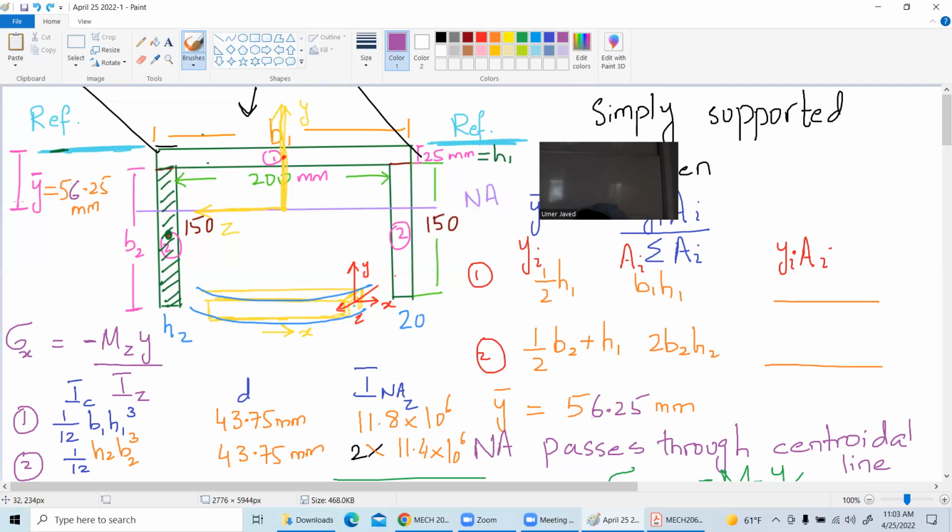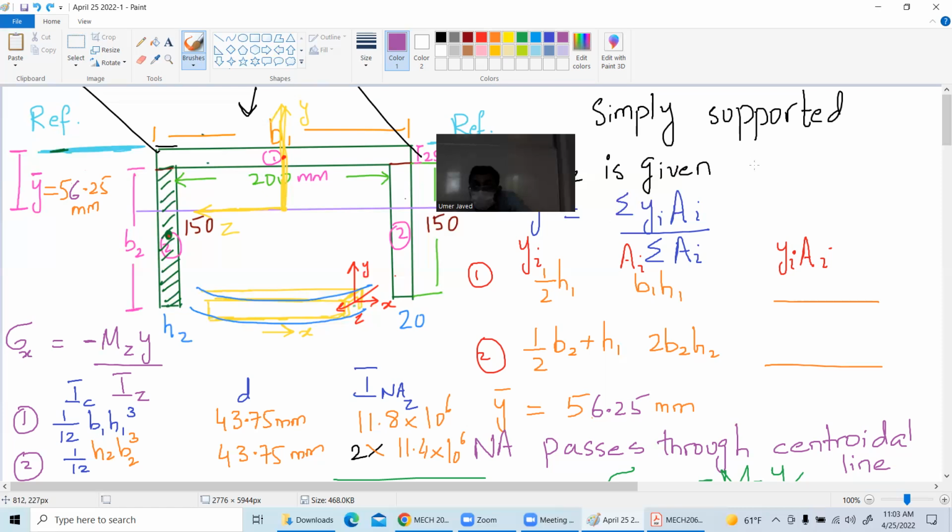It is 56.25. So I will have stress x is equal to minus Mz into y, I am going to the top, so 56.25 millimeter divided by Iz will give me the maximum compressive stress.